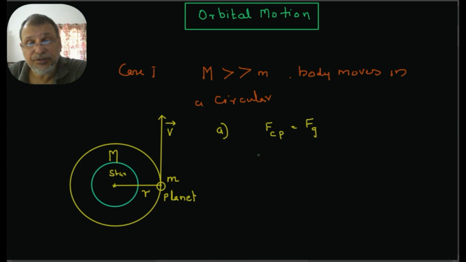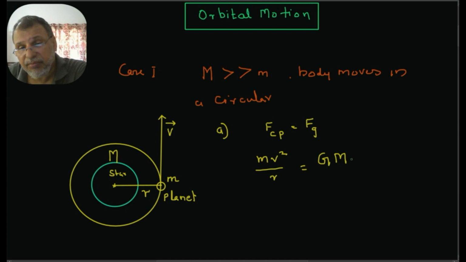So F_CP we can write as m v squared over r, where v is the tangential speed of the planet, and this must be equal to the gravitational force, G M m over r squared.